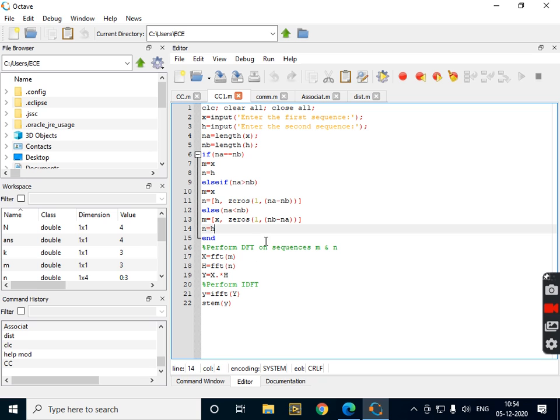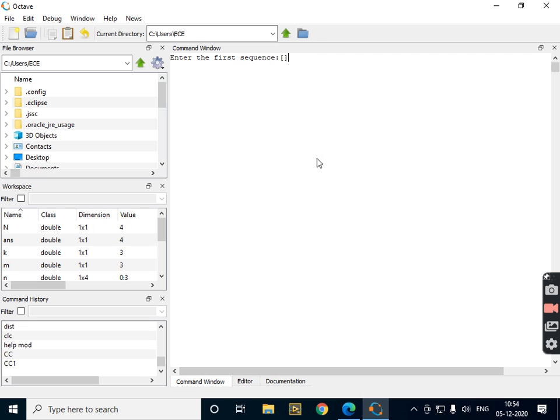Now let us verify this for all three possible conditions. But first, we'll take the two sequences that we considered as an example. Enter the first sequence, 2 1 2 1, and the second sequence, 1 2 3 4.